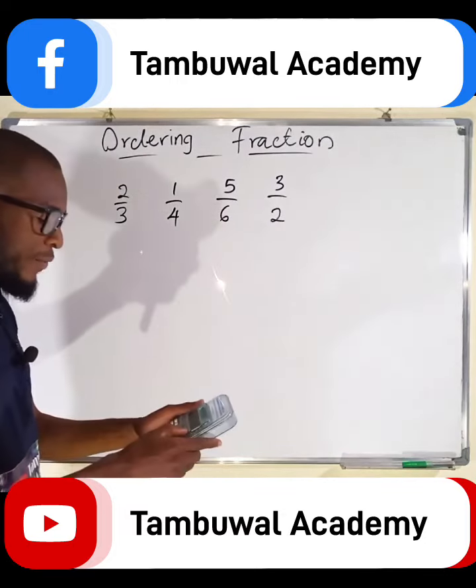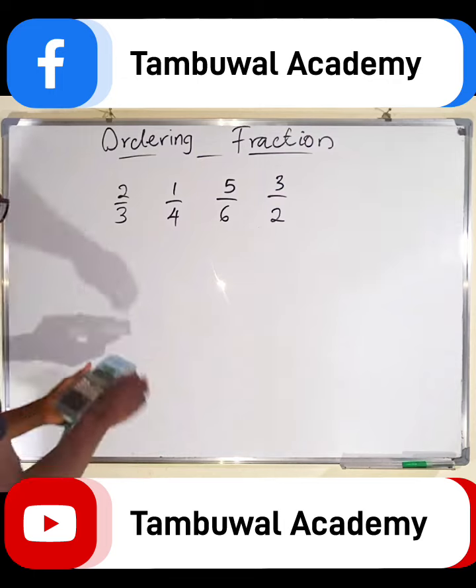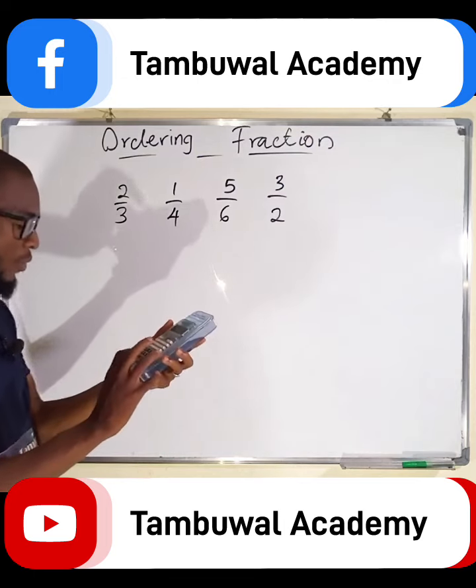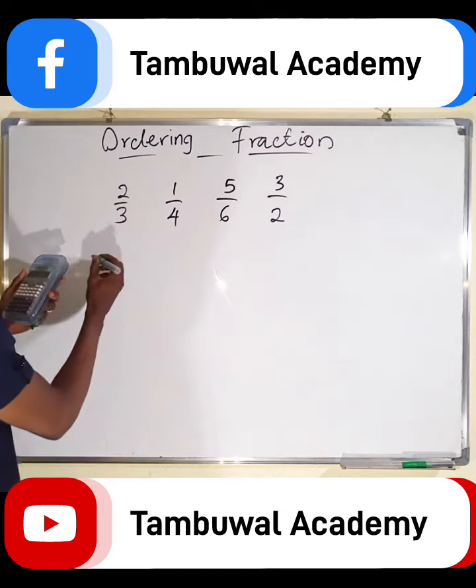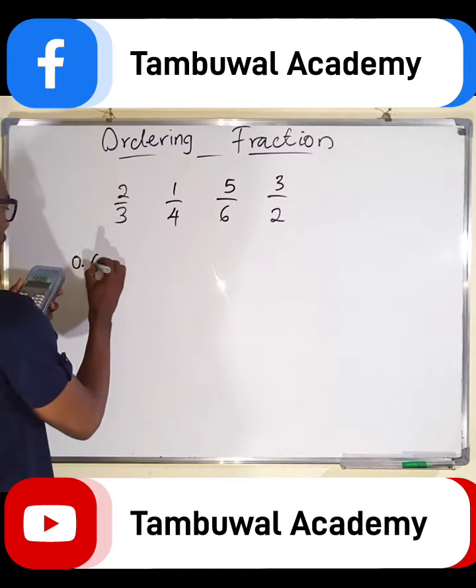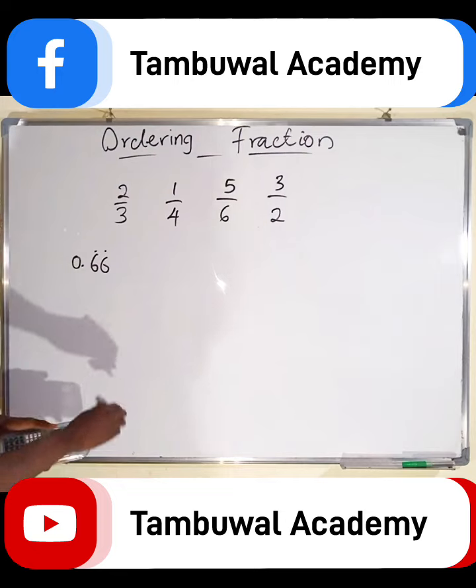So you can directly grab your calculator and start dividing. We have 2 over 3, which is approximately equal to 0.66 repeating.